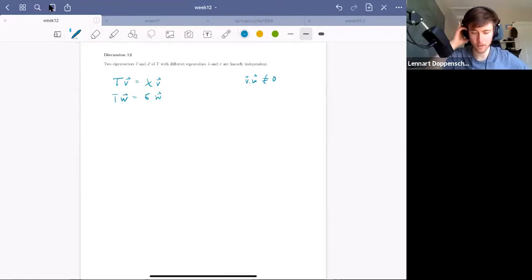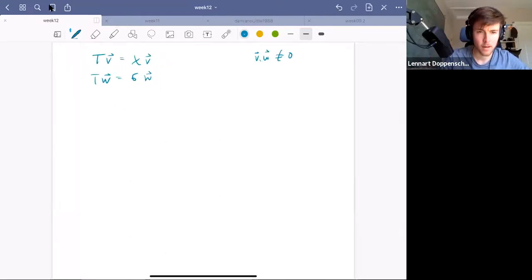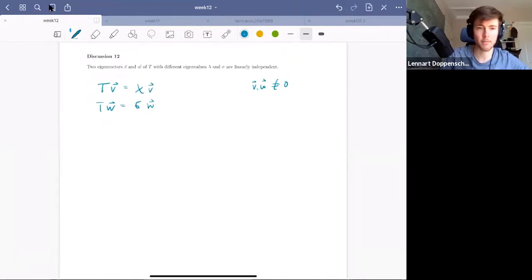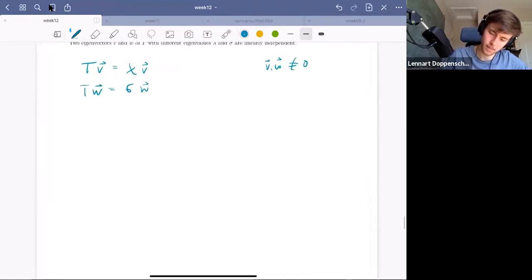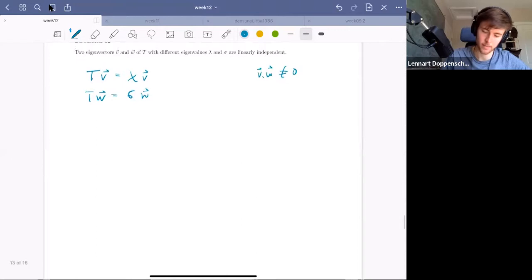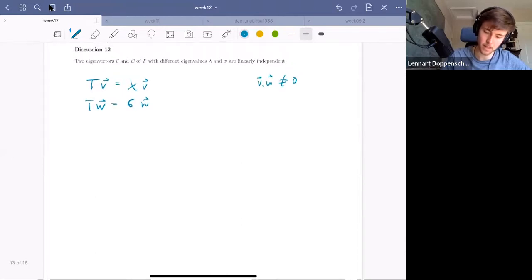Okay, so both answers in the chat are good. The way that you get a contradiction to this, you have to, of course, somehow show that they can't be dependent.